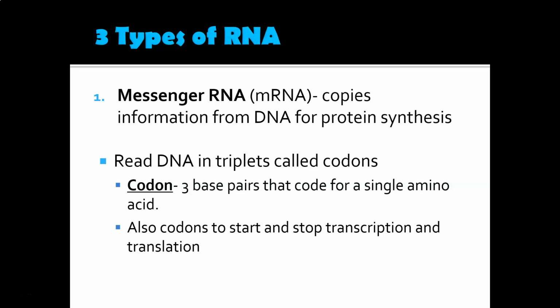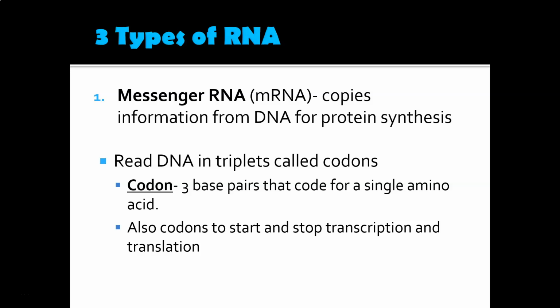Now, here's the interesting thing. When we look at DNA and RNA as a result of that, everything is in code, literally 3 bases at a time. So we read it as a triplet code. And every 3 bases in DNA, and as a result, every 3 corresponding bases in RNA, is what we call a codon.